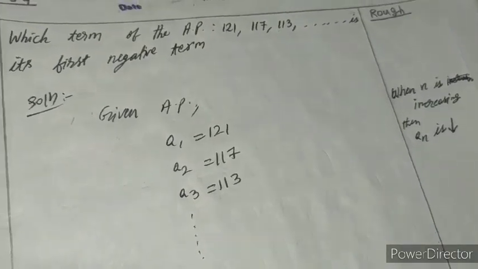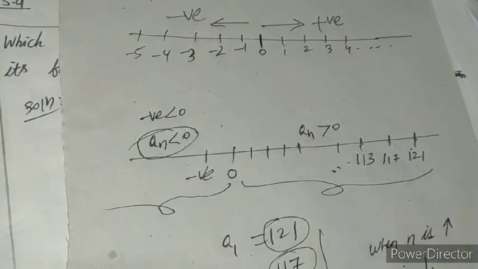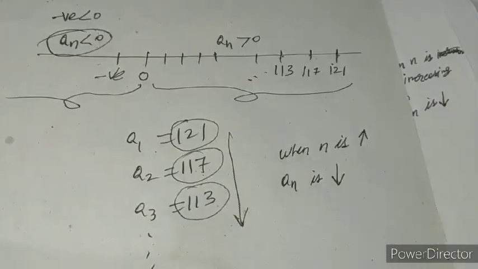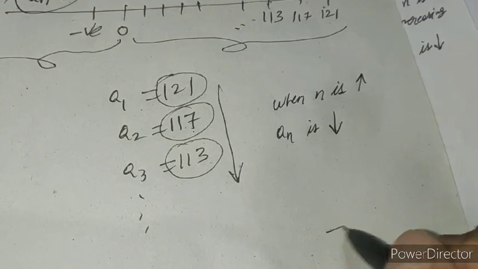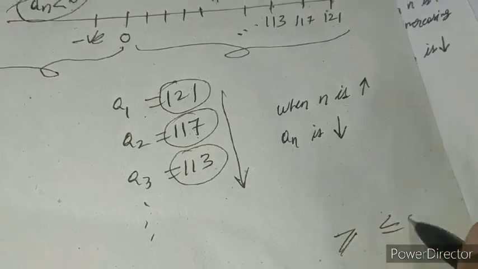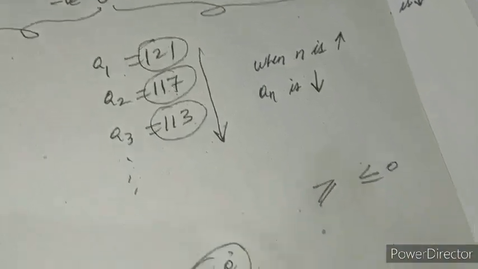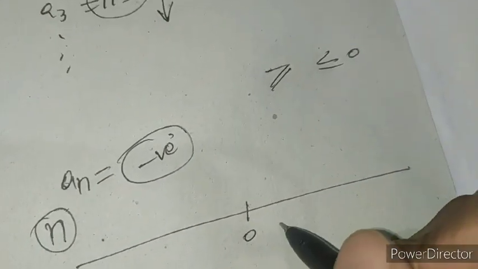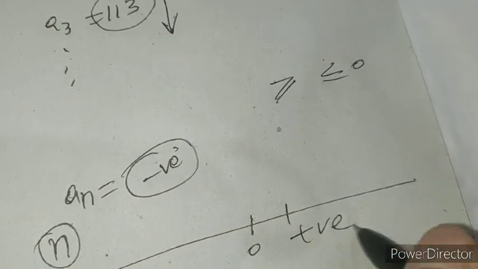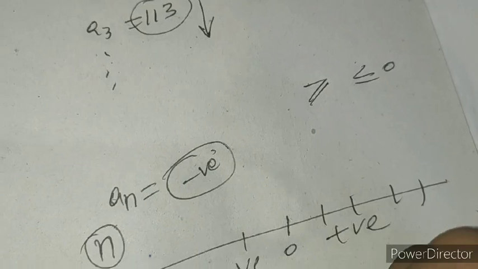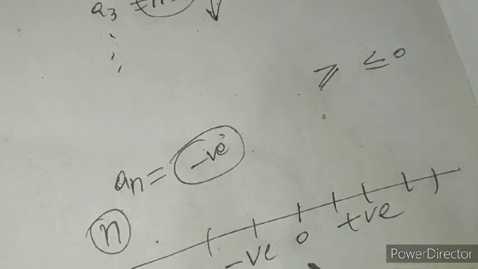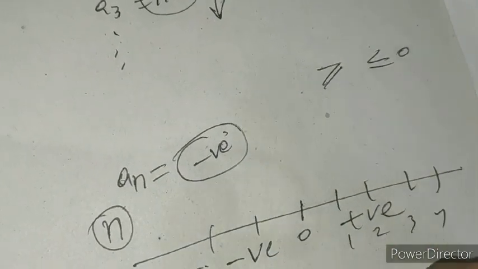One more thing let me tell you about this real line: the difference between greater than, greater than or equal to, and less than or equal to. This is 0, these are the positive numbers and these are the negative numbers, for example 1, 2, 3, 4, -1, -2.